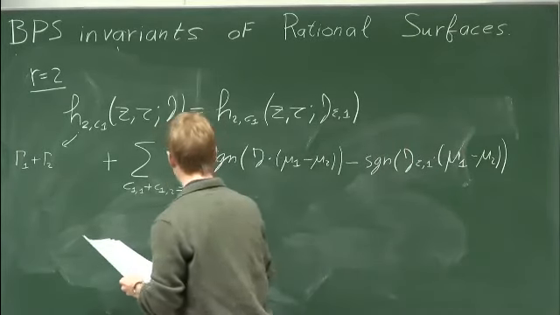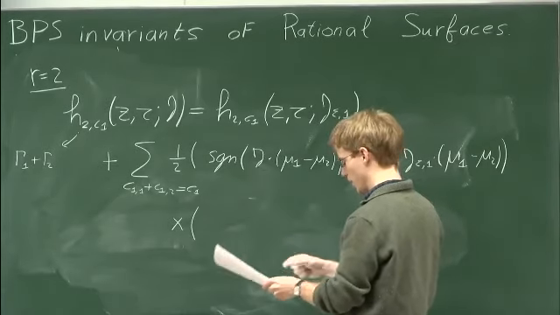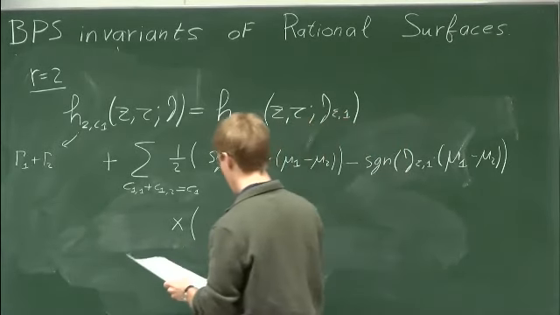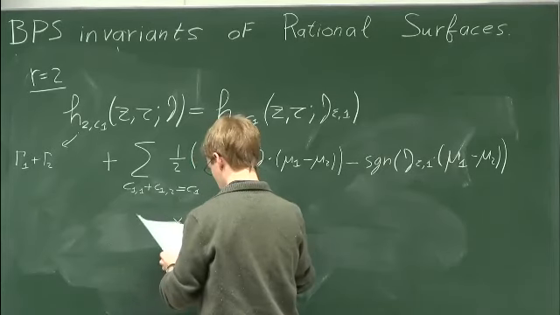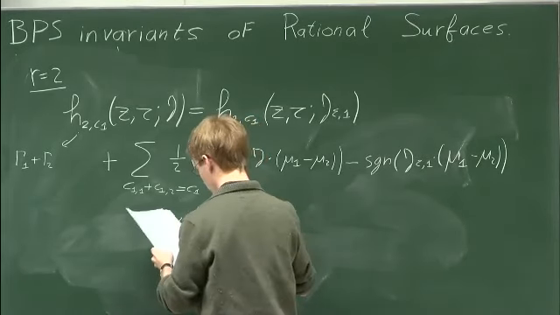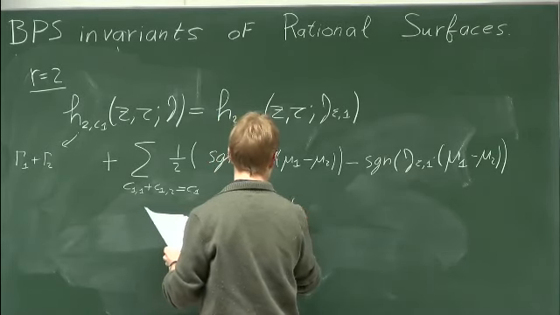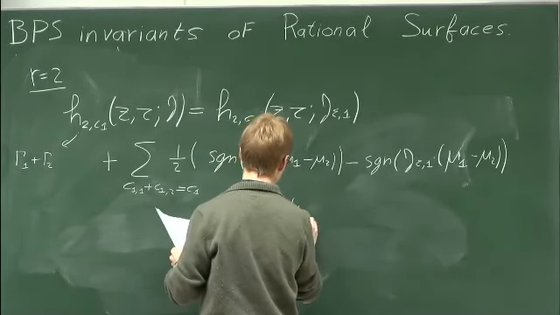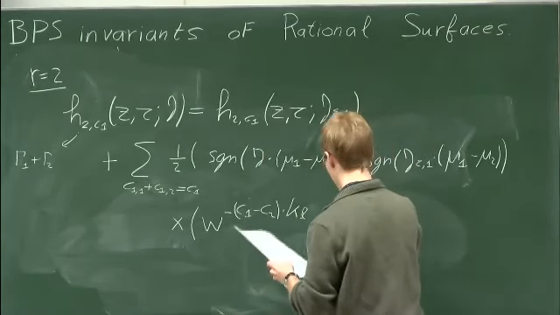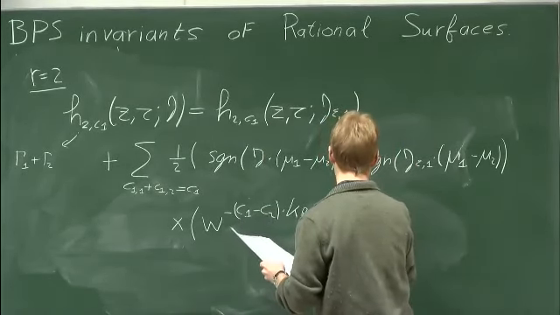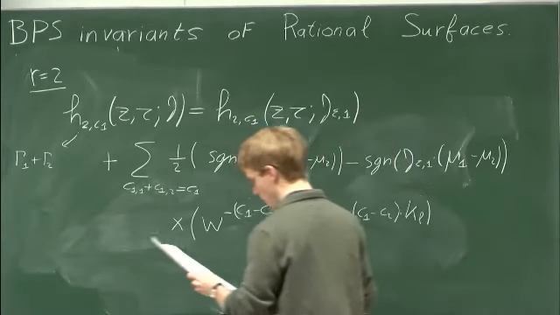Now we multiply this by basically the degrees of freedom associated to the bound state in physics language. So that takes the following form. This is equal to 1 in this case. This is C1 minus C2 dot KL. So this is multiplied with the canonical class minus C1 minus C2 dot KL.